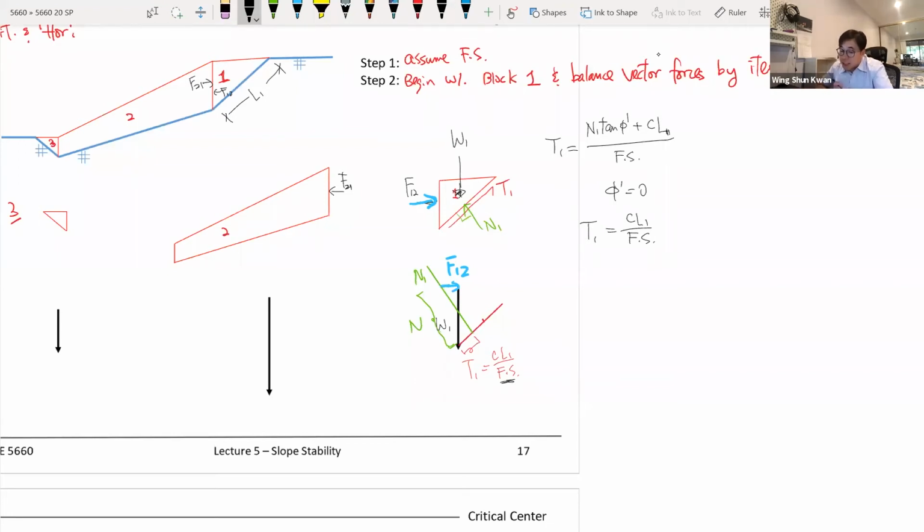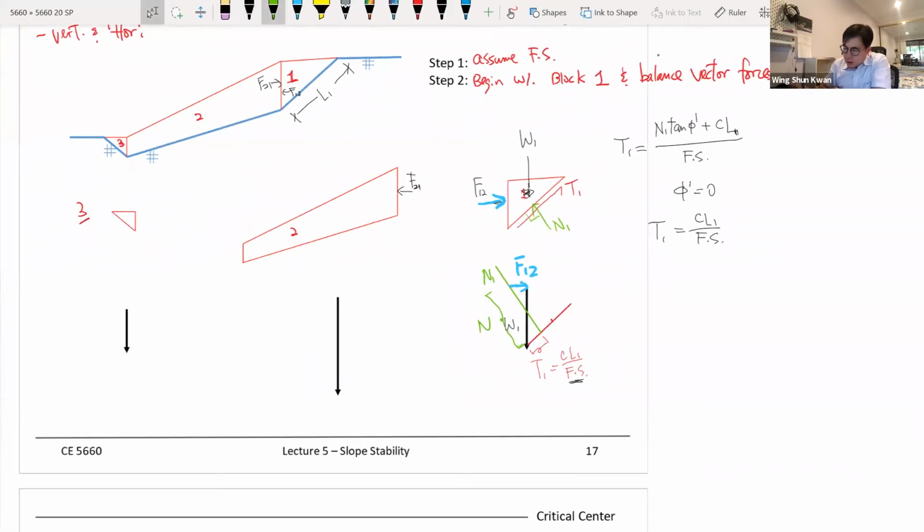We don't know until the end of the block. Because if the factor of safety is correct, at the end of the day, all the forces will close at wedge number 3. So any questions here? Okay, very good.